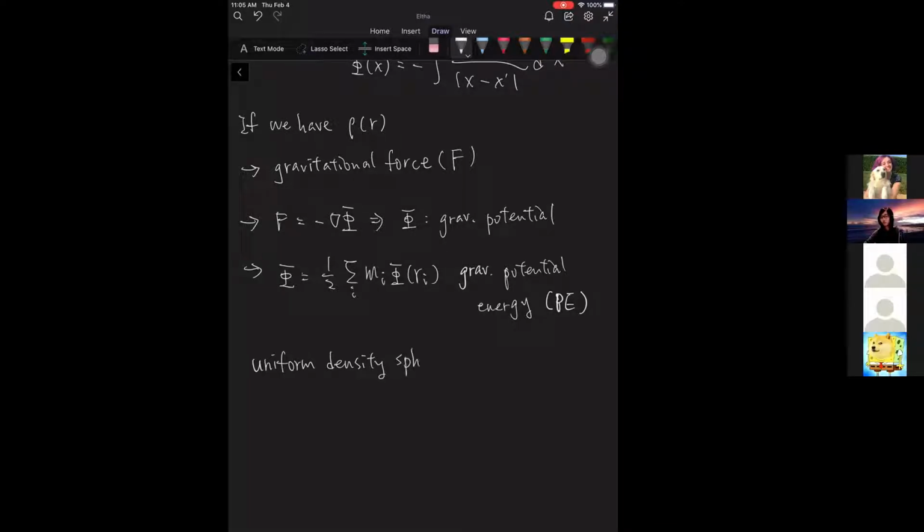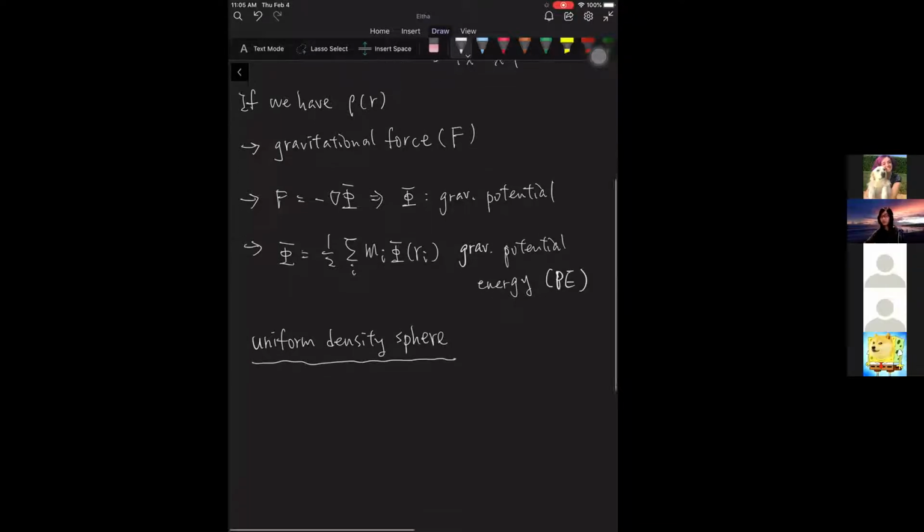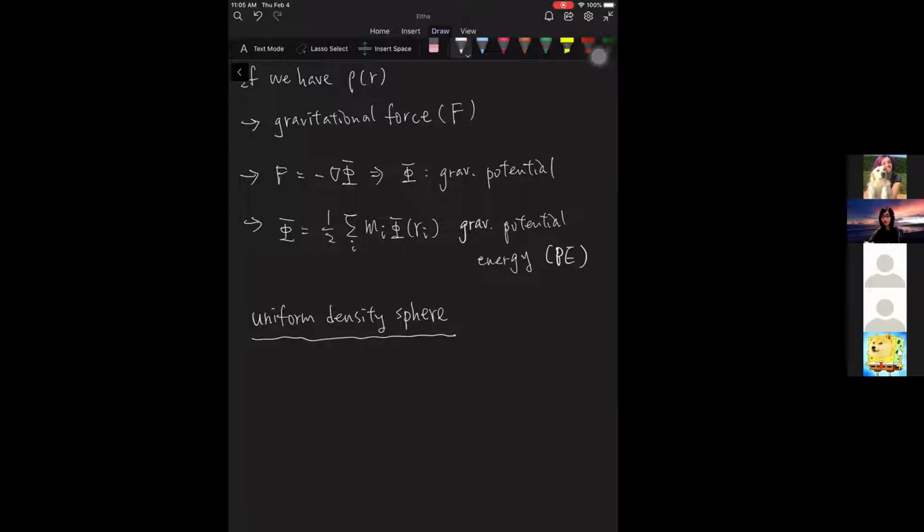For uniform density, it means that we have rho of r equal to a constant, let's just call it rho, within a certain radius a. If r is greater than a, then it should be 0.